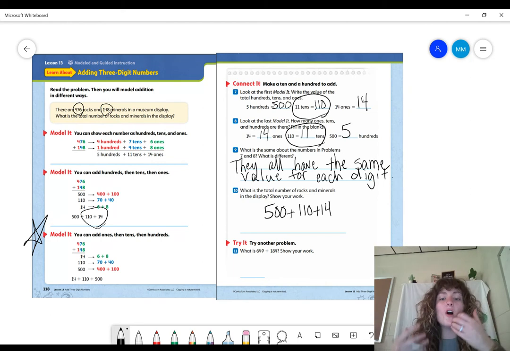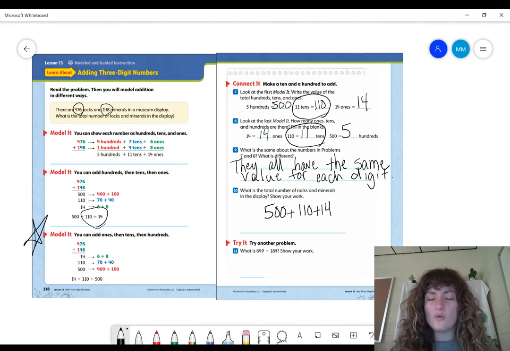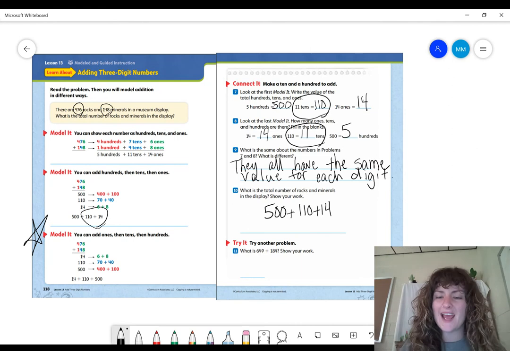But here's what we're also going to do. In our ones place, we know that our ones like to hang out with our ones and our tens like to hang out with our tens. So watch what I'm going to do. Underneath this equation, I'm going to write how many ones are going to hang out in the ones place. So in 14, there's 4 ones, right?